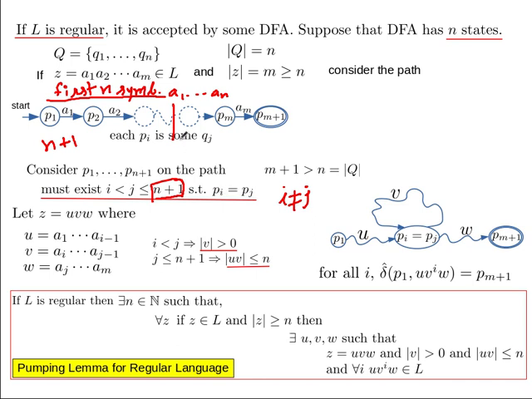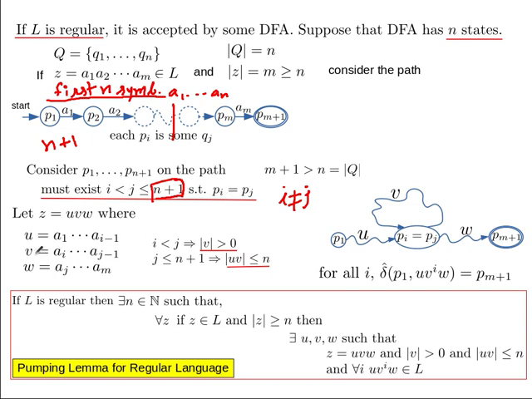Now this path looks something like this. You start from P1, you process this part, A1 up to Ai minus 1, call this u, and then you reach this Pi. Then you proceed to process Ai up to Aj minus 1, call this v, and after processing this you reach Pj, but Pj is equal to Pi.